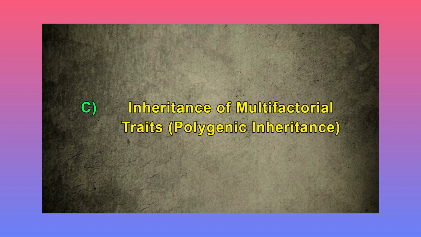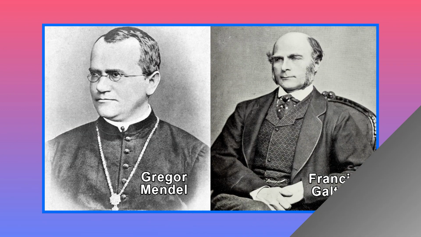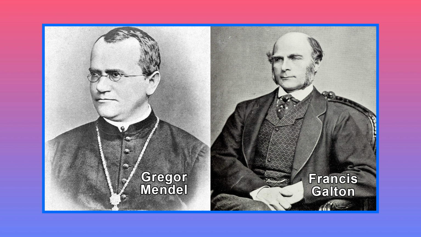Dear students, let's now discuss the inheritance of multifactorial traits, that is, polygenic inheritance. For years, followers of Mendel and Galton argued over whether the Mendelian theory or the Galtonian theory correctly describes inheritance in humans. Although Mendelian inheritance correctly described some human diseases and traits, it did not describe all of them.